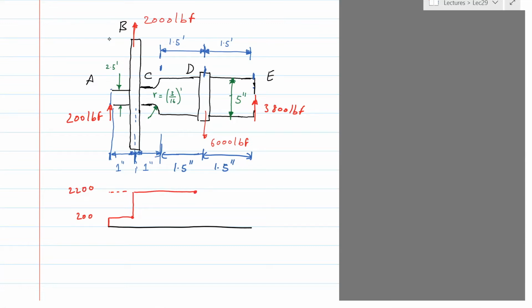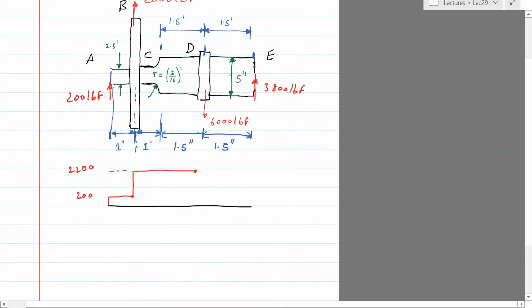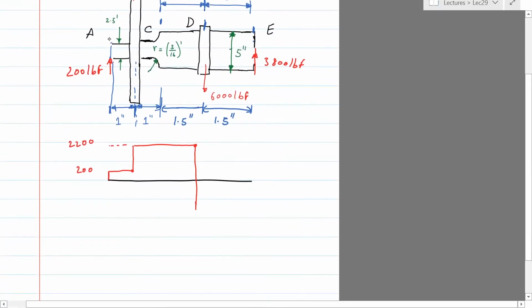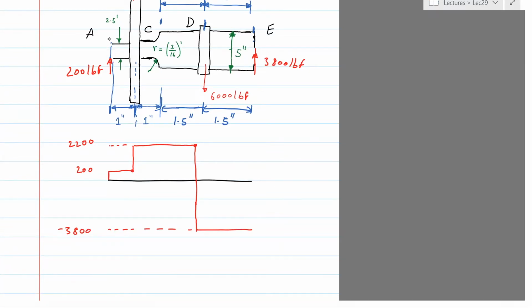Now we have to subtract 6,000 from 2,200. That would be 3,800 with the negative sign. So we're going to go all the way down. Okay, and then here we see it's 3,800, so it will go back to 0.